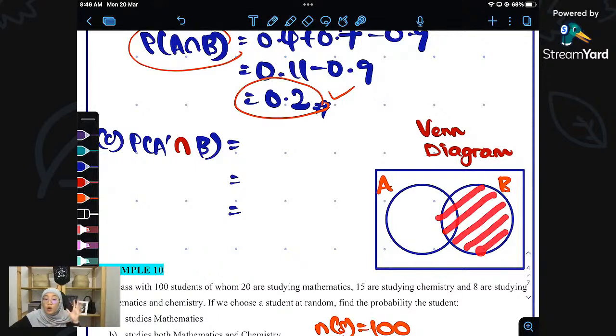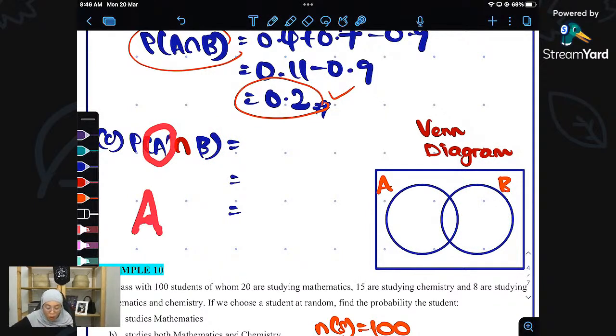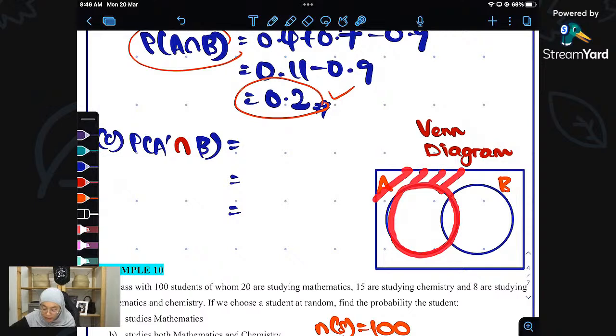So this is my shaded region for the B part. Then I ask you, where is my shaded region for A prime? So we have here the circle for A. Where is the A prime then? The A prime is outside of the circle then, isn't it?